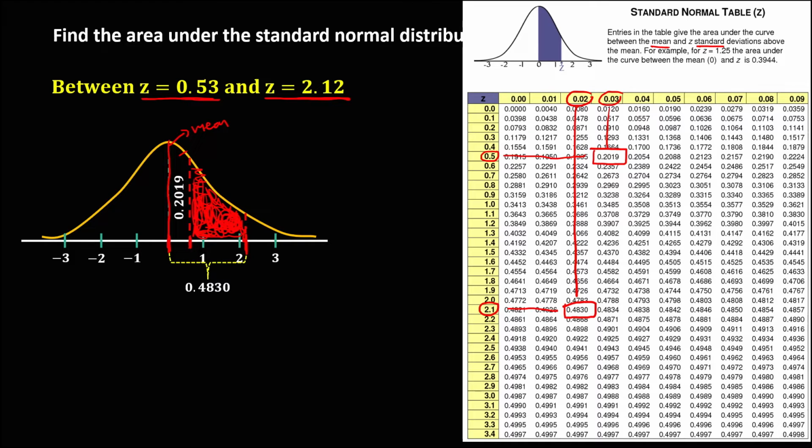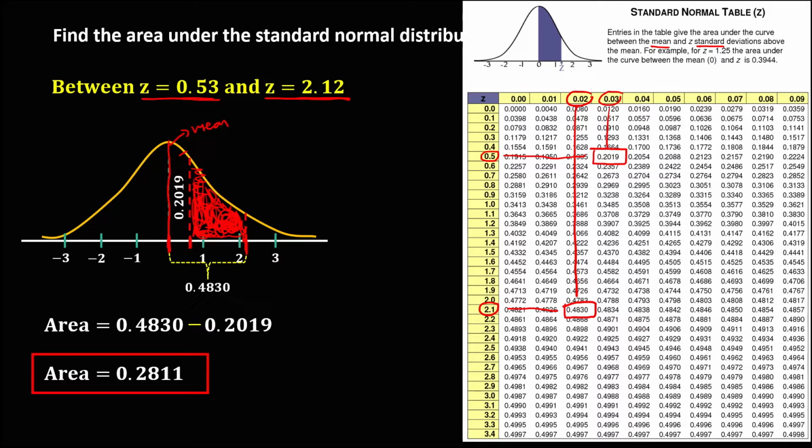So we need to subtract the bigger area minus the smaller area. Therefore the total area between 0.53 and 2.12 is 0.2811.